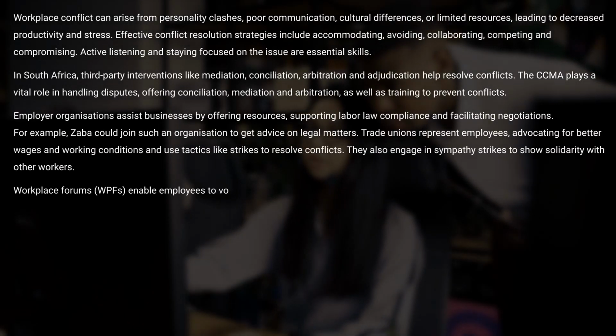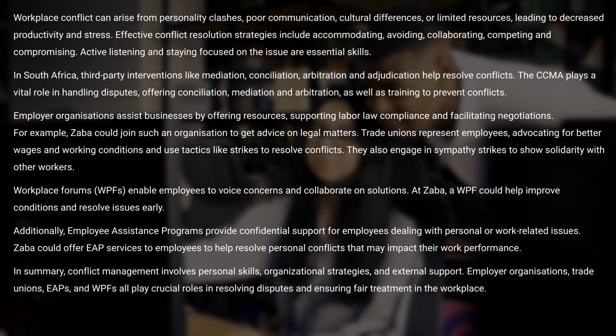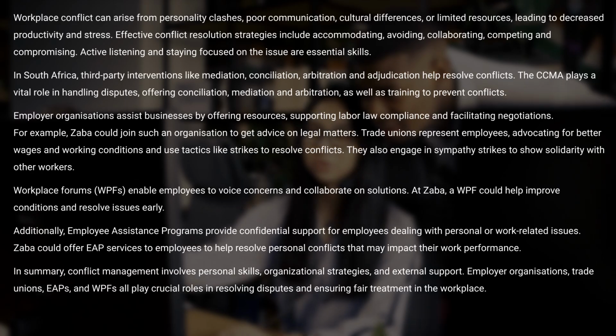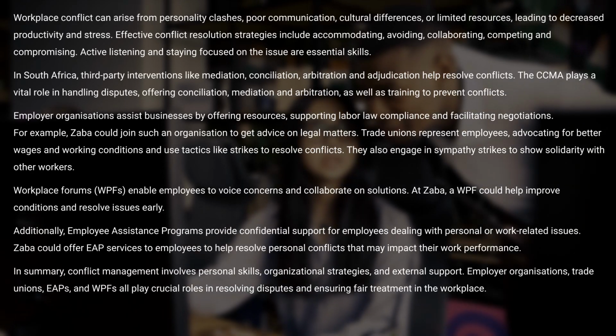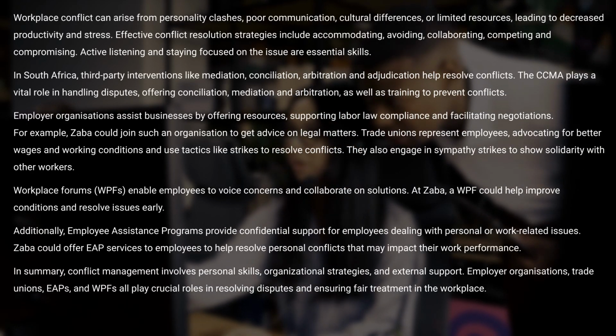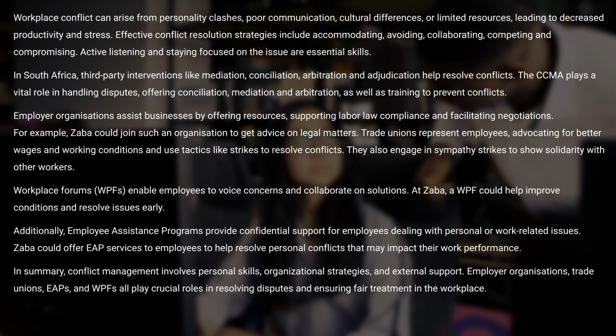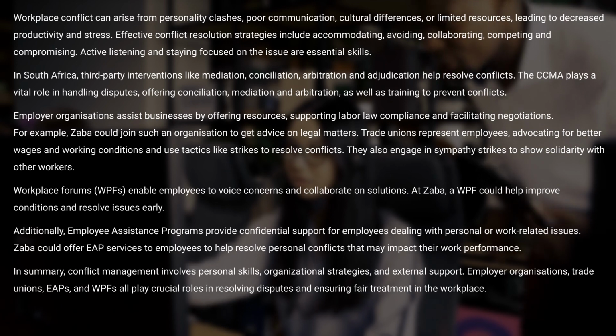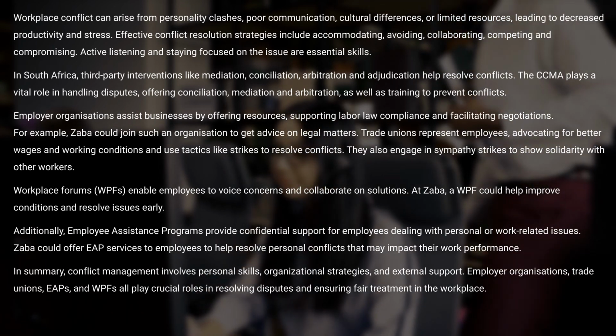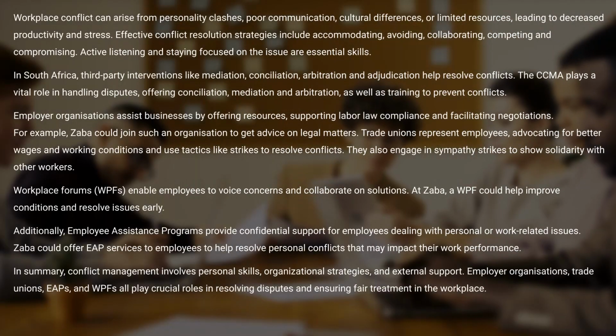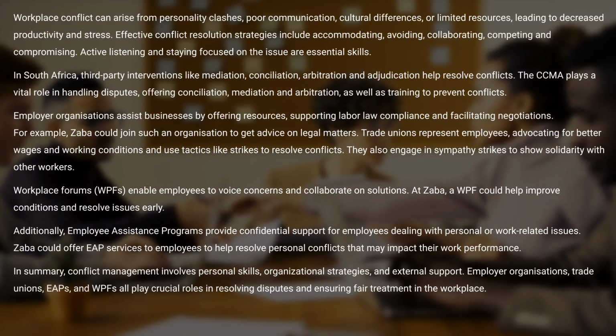Management plays a crucial role in creating a positive and conflict-free work environment. This involves fostering open communication, promoting teamwork, and addressing issues promptly. Providing training on conflict resolution skills, communication, and diversity and inclusion is essential for equipping employees with the necessary tools to manage conflict effectively.